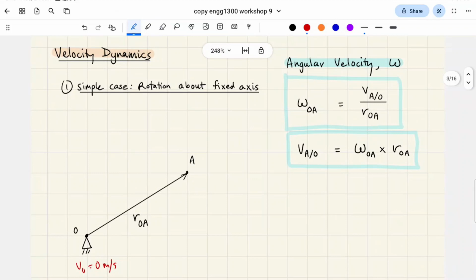Okay. So what I want to talk about is angular velocity, pretty much, right? Because the only time we've seen this in the course so far is with particles undergoing like a curvilinear path or something like that, right?